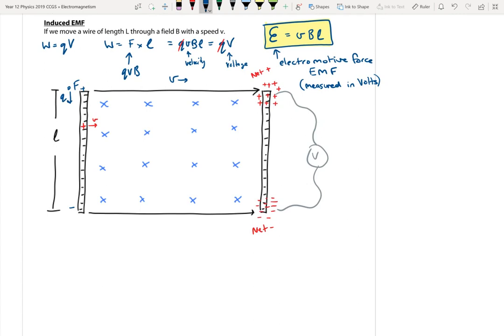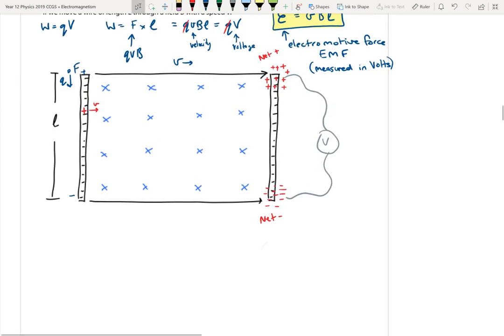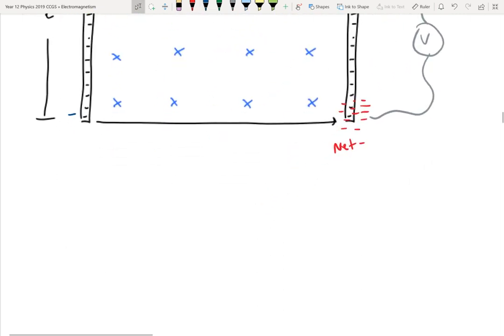Now, I would like to show you underneath this diagram that Faraday's law is as follows. And this is the other equation. Faraday's law says that the EMF is going to equal the rate of change of flux with respect to the rate of change of time.